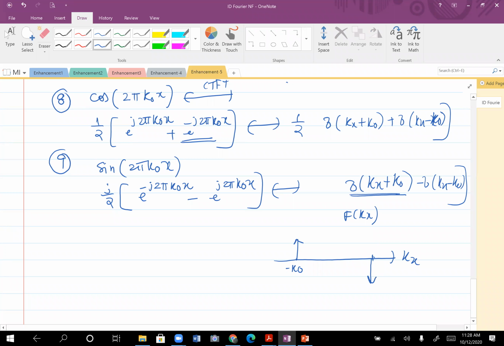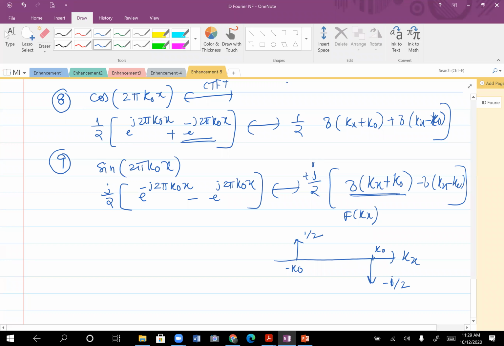So then what would happen here? j by 2 is there, delta of that, at k naught. I had here minus 1 by 2.